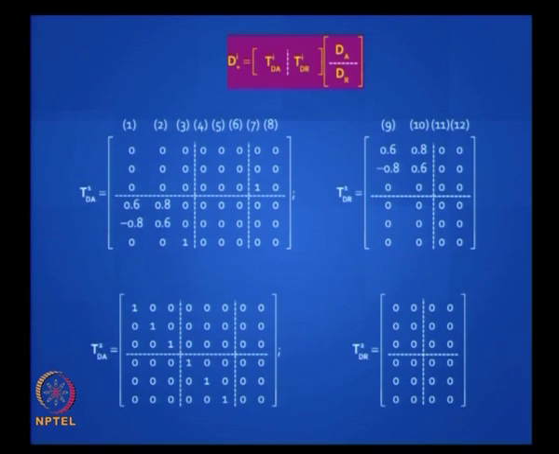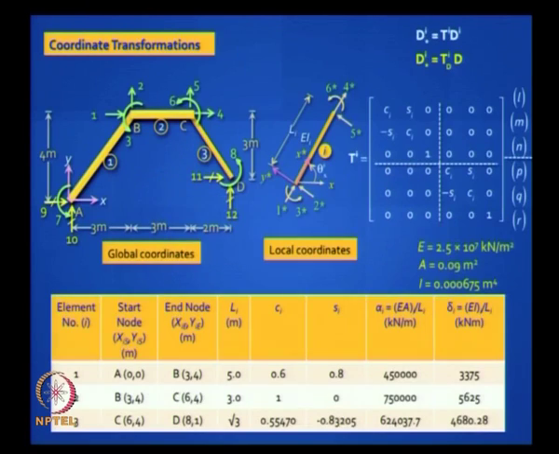Let us see, take the first column in these 2 matrices for TD1 and TD2. The first column actually corresponds to D1 equal to 1. If you apply D1 equal to 1, it is going to affect elements 1 and 2, right, and it is at the tail end of element 1 and at the beginning of element 2.